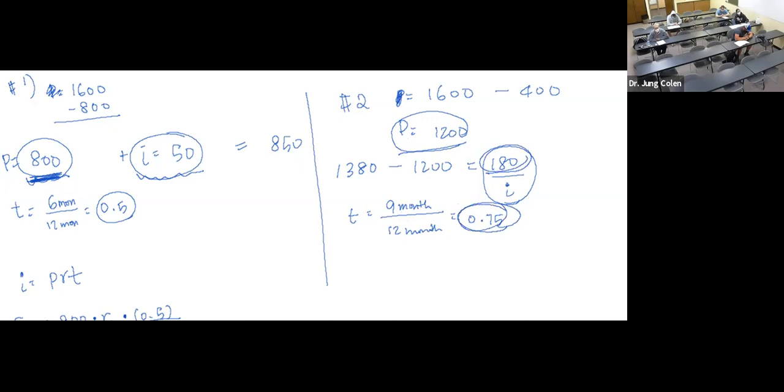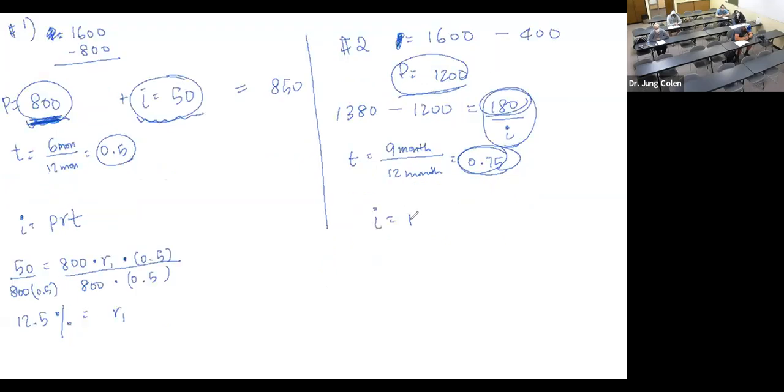So using PRT, I is equal to PRT. We can just plug it in, right? Our I is 180. Our P is 1200. R, we don't know, so let's put that as R2 because it's in option 2. T, time, 0.75.